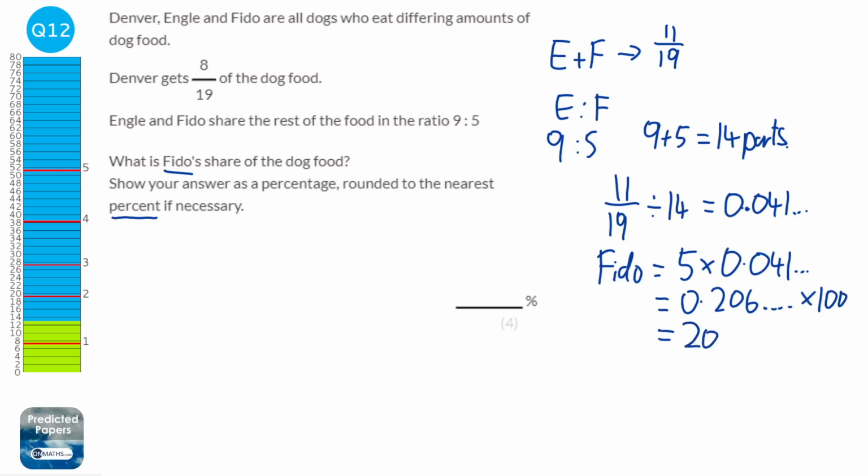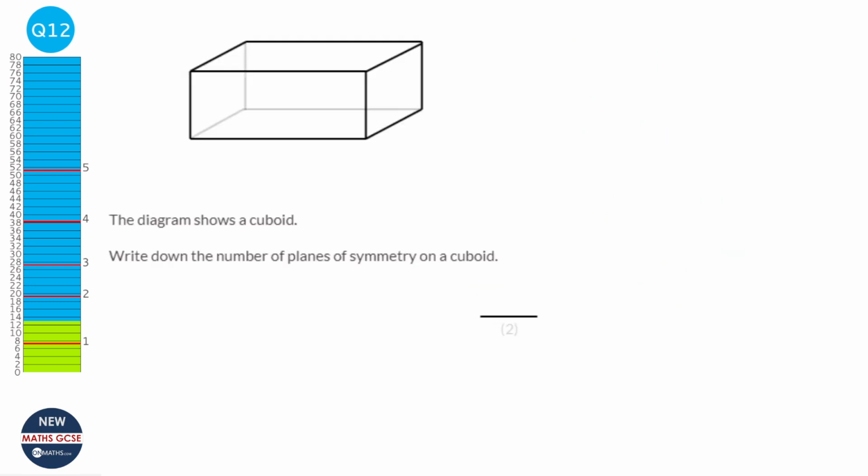So we have 20.676 and so on percent, and it wants it rounded to the nearest percent. Actually it would be 21%, because this would round it up, so 21%.